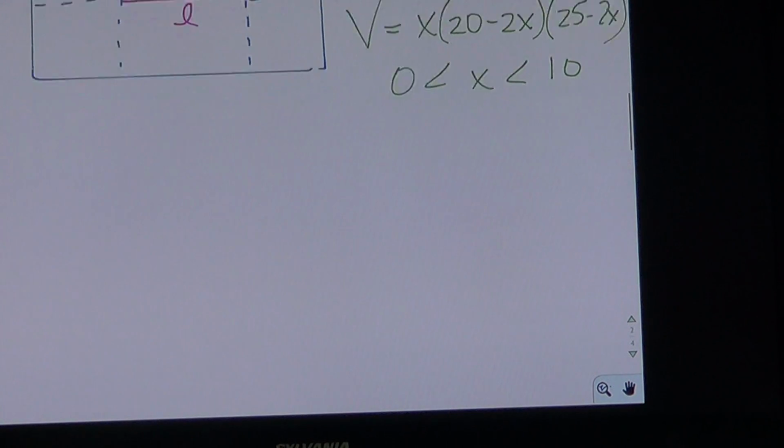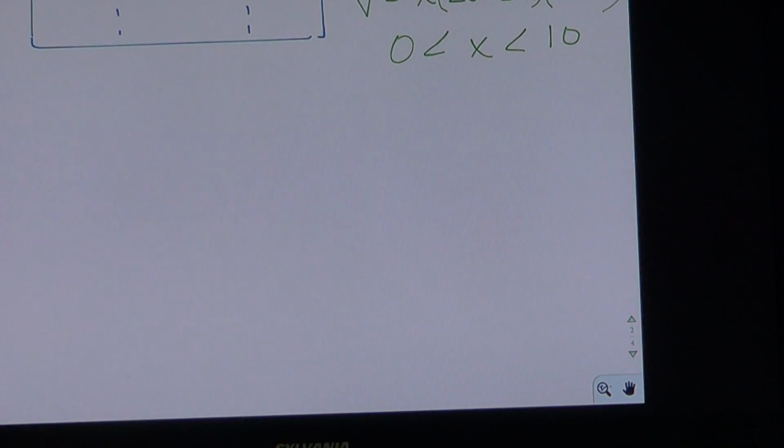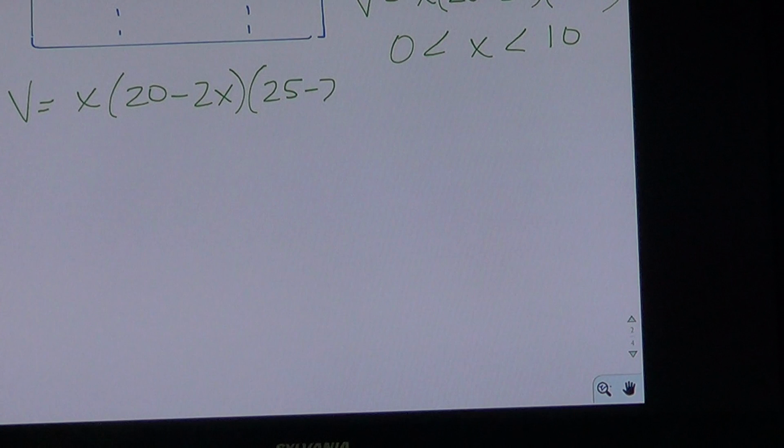Alright, so let's multiply this out so we can get the derivative and all that good stuff. Let's first do the FOIL part. 20 times 25 is 500.